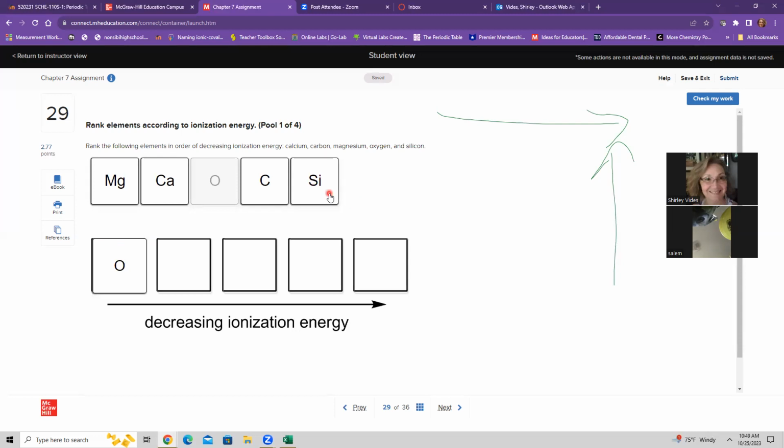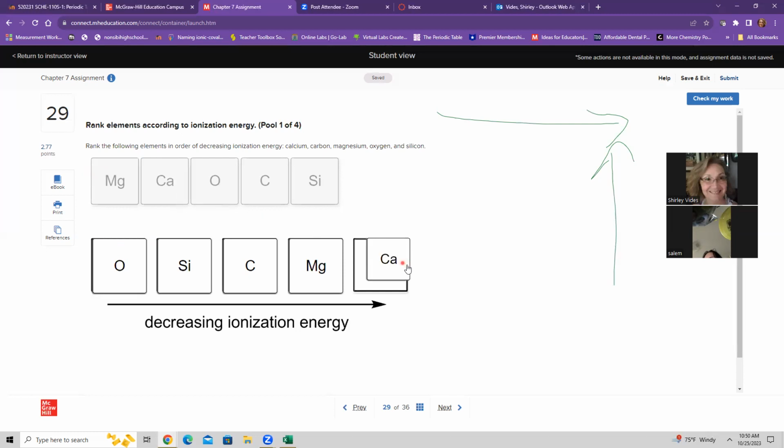So we're going with the highest one first. Then I would guess silicon because it's right below it. Then carbon, then magnesium, then calcium. Let's see if that works.